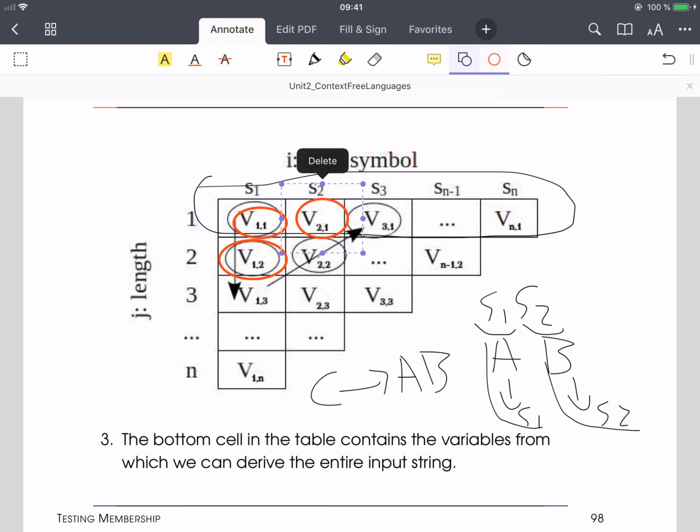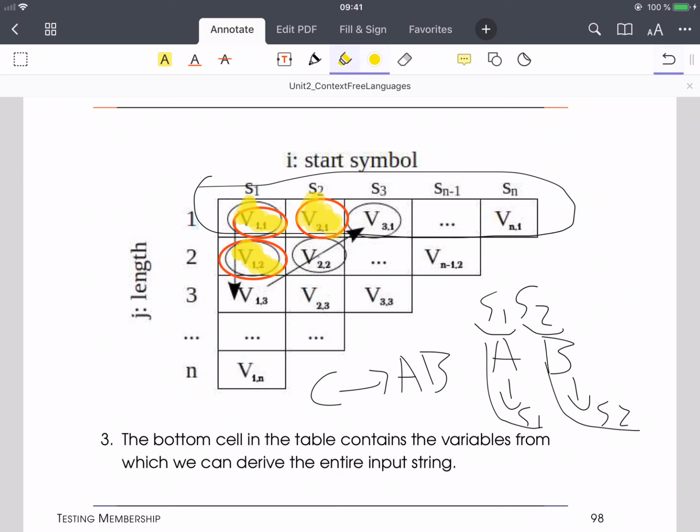So in order to fill in this cell here, we need to take a look at this cell and this cell and see what variables generate at the same time one variable that is in B11, and a variable that is in B21. And those are the variables that we are going to write in B12.